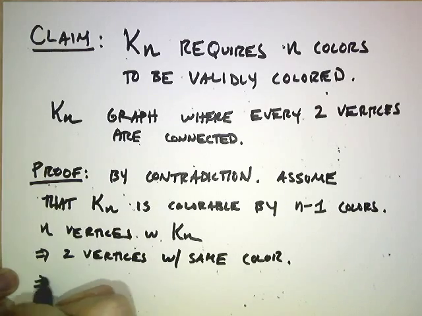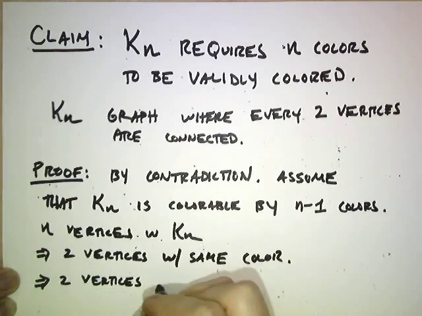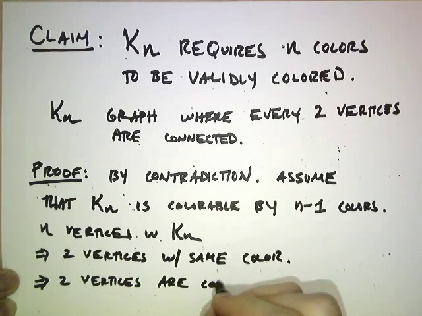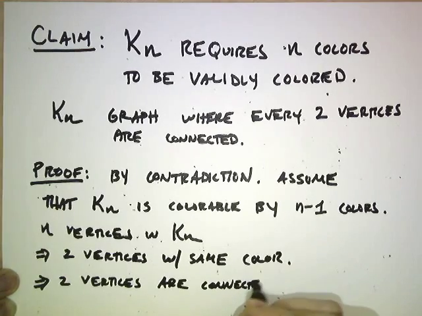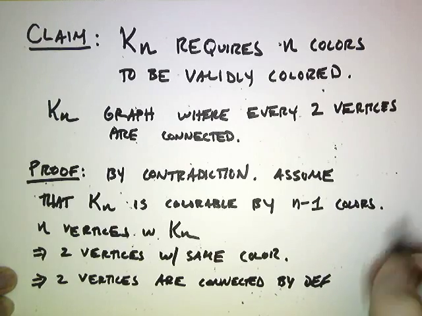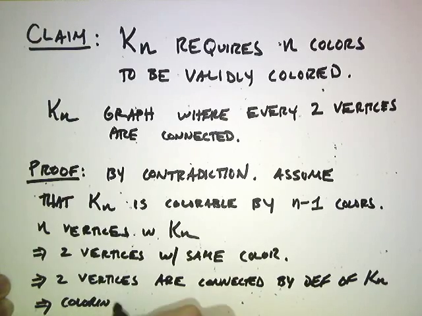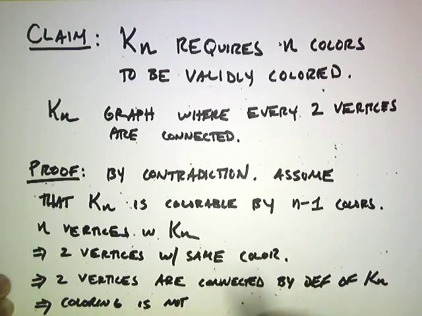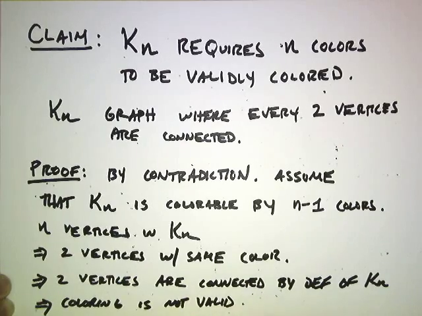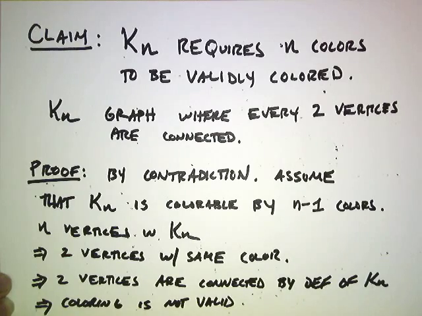But these two vertices are connected by the definition of Kn. So this implies that this coloring is not valid. And that contradicts that we had assumed that Kn was colorable by n-1 colors.